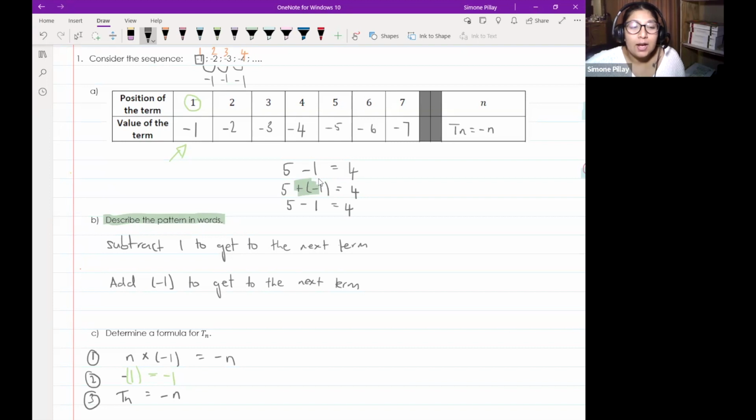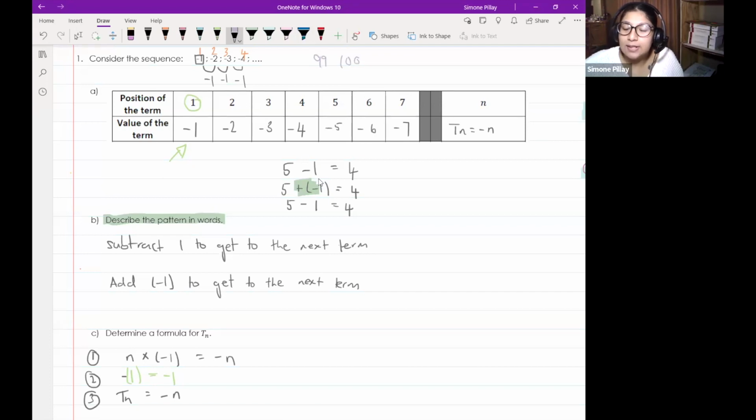So, yes, when we're finding a formula, this over here, I know a lot of people think this is the formula, but this is not a formula. We can only use this rule of minusing 1 if I know the terms before. So if I ask you, what's the 100th number in this pattern? You won't be able to tell me unless you know what the 99th number is.